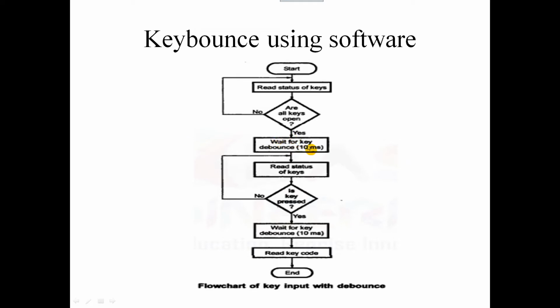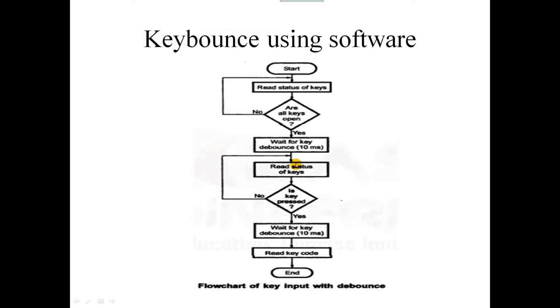If the key is not pressed, it loops to read the status of the keypad. If the key is pressed, the software waits for another 10 milliseconds to read the information from the keyboard.